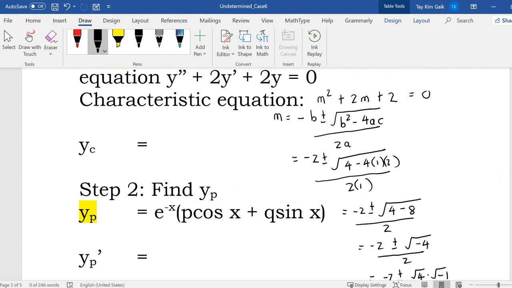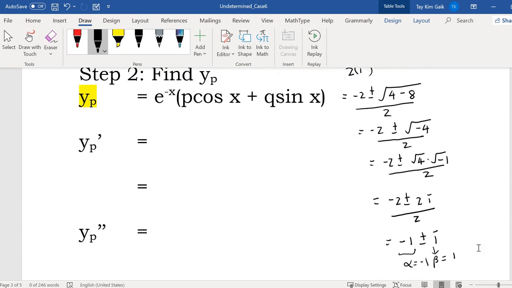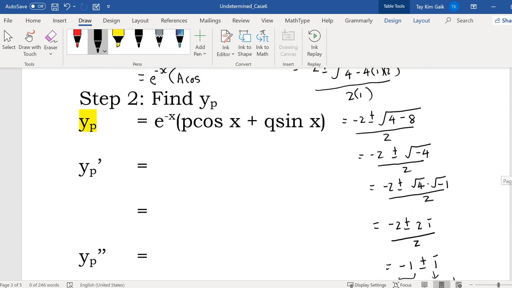Hence the complementary function yc is e to the alpha x times (A cos beta x plus B sin beta x), where alpha in this case is negative 1, so you have e to the negative x, A cos, and beta is the coefficient of i, which is 1.